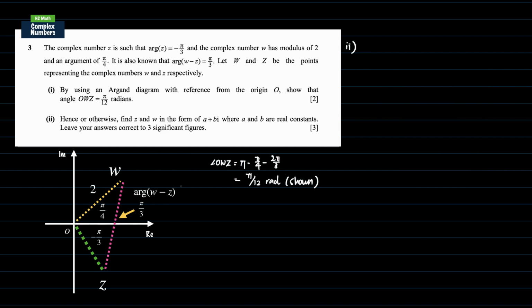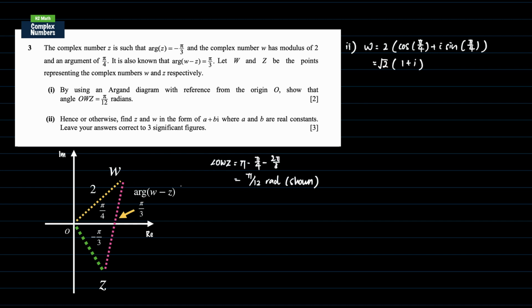So let's try to find W first because it is easier. We can express W in the trigo form by writing W equals to 2, open a bracket, cosine pi over 4, which is the argument of W, plus i sine pi over 4. Now to remember the trigo form easily, always remember that cosine, which starts with a letter C, comes first in the alphabet before S. So cosine and sine.